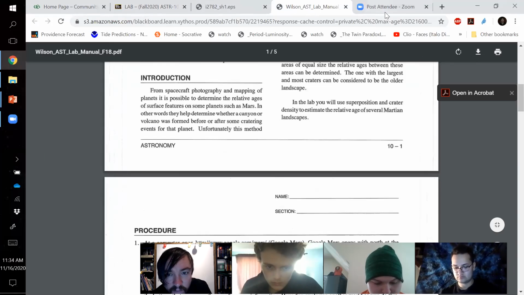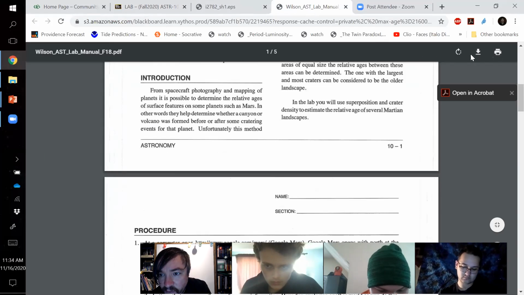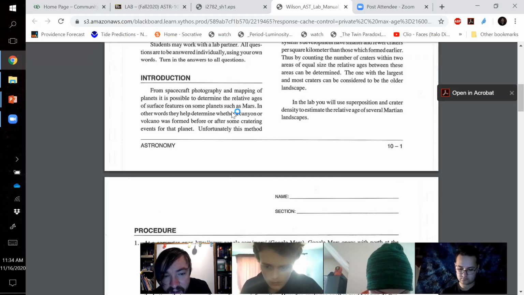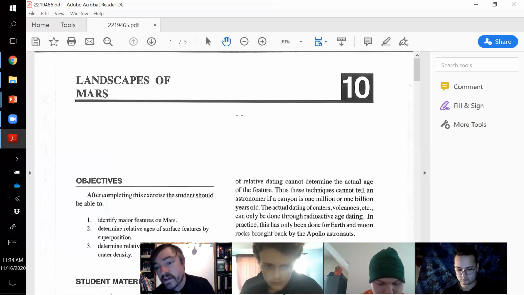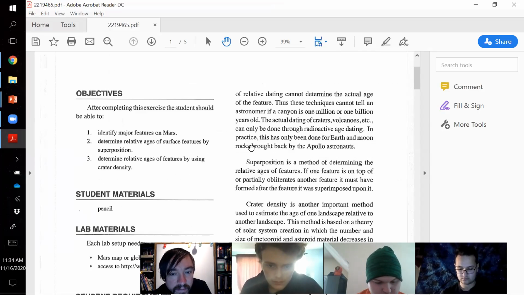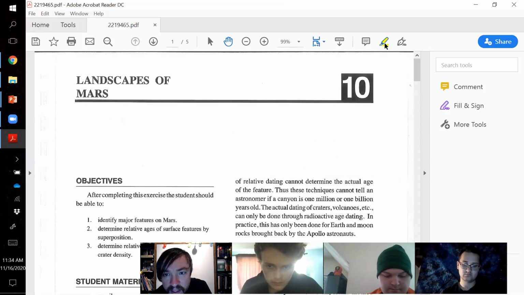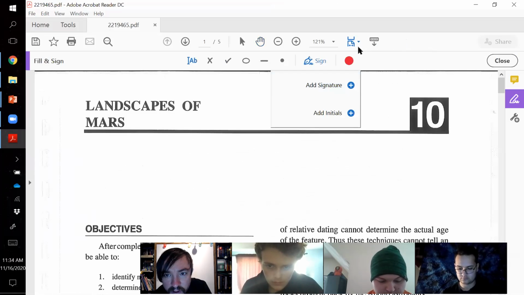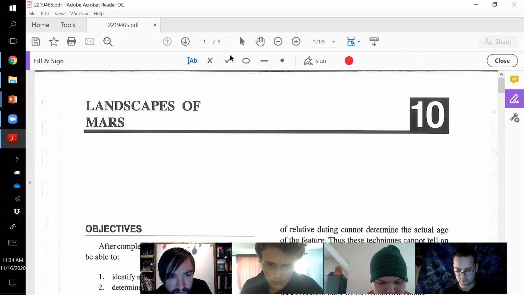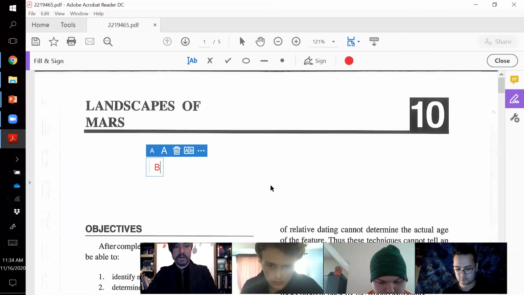I might have to open this in Acrobat, I don't know if I can do it on the web-based one, but if I open it in Acrobat, I should be able to make some markings right onto the page. If you use this tool, not signature, here, this one. I'd love to change that font choice, but I can put my name.